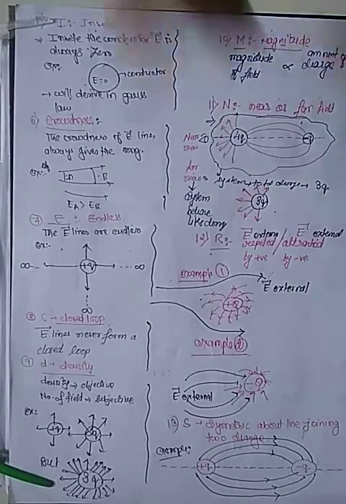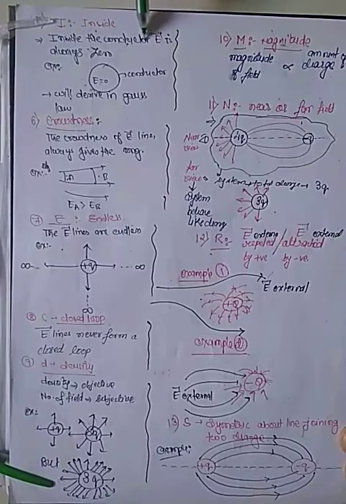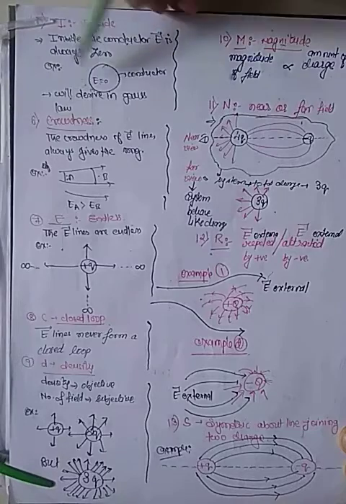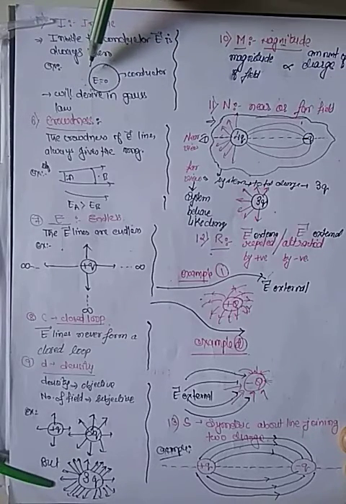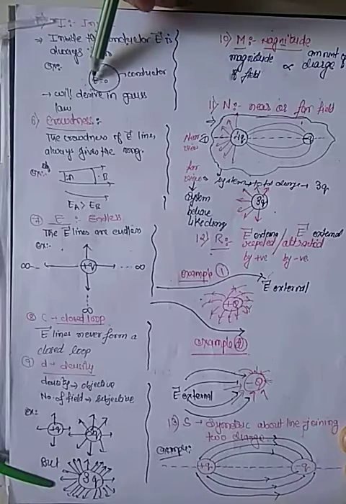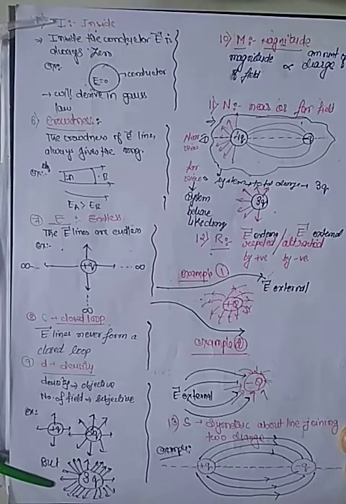Now, students, I is for inside. Inside the conductor the electric field is 0. Suppose this is a conductor, a wire, with a number of charges, but the electric field inside the conductor is 0. This is a property of electric field lines.